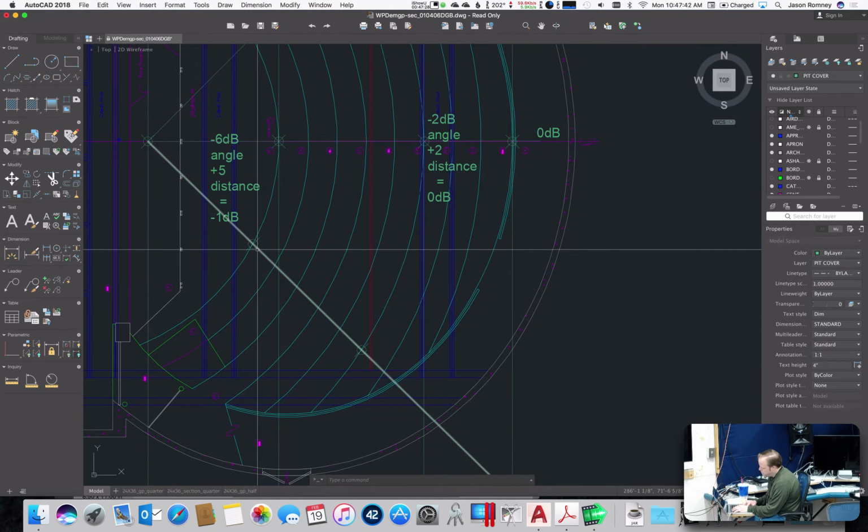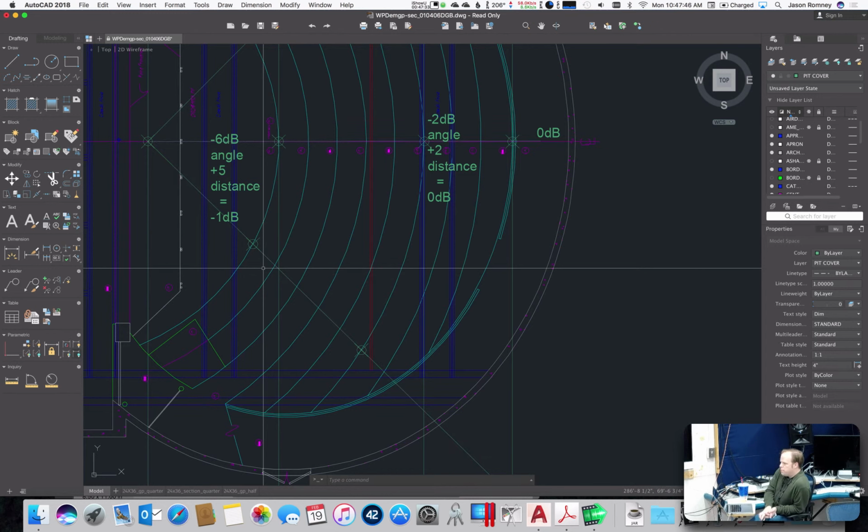Okay, so there's that one there and that one there. Now, I know that horizontally I'm on axis, right? If I've got two of these things and I'm going to splay them like this, horizontally I'm on axis at this point, but vertically I'm not exactly the same distance.